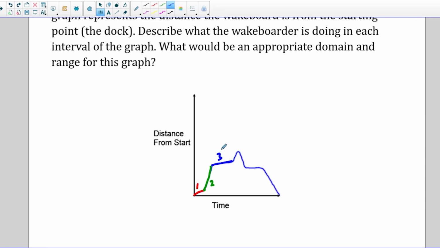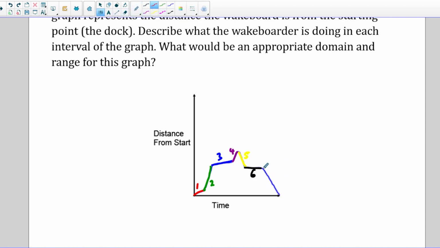So this will be 3. The purple, let's call this 4. The yellow will be 5. Let's go back to black. This will be 6. And finally, this final portion there will be interval number 7.